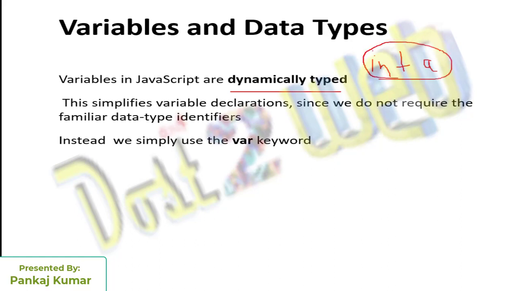But how long will we keep remembering this is an integer, float, character, and so on? Therefore, in JavaScript, they changed it. Whenever you want to create any variable, you use the keyword var. Var means variable. Then the variable will be there, and you can create new variables.